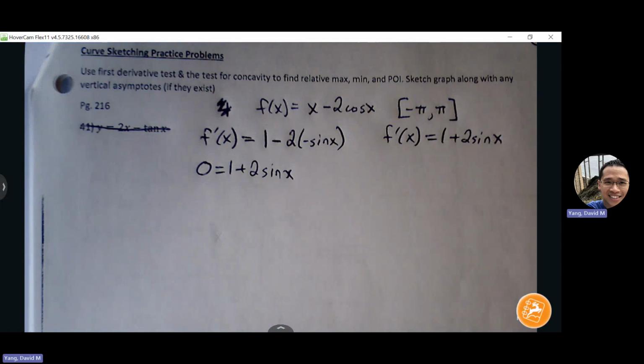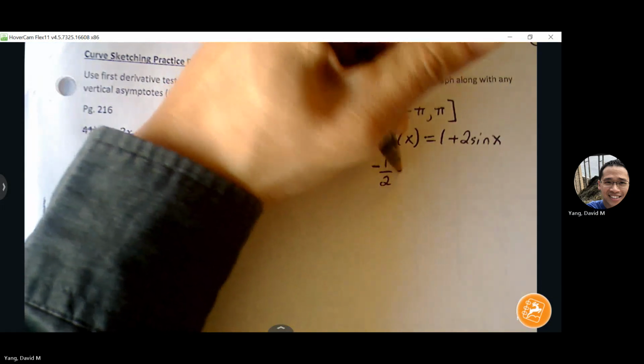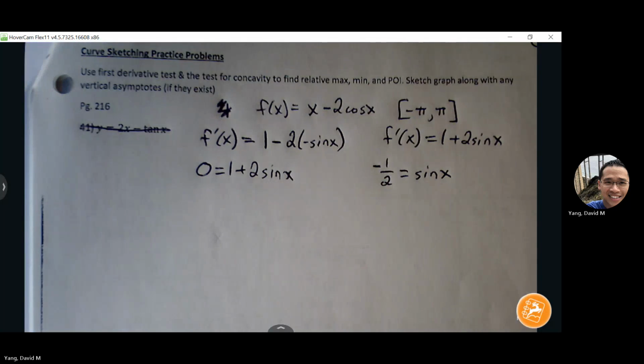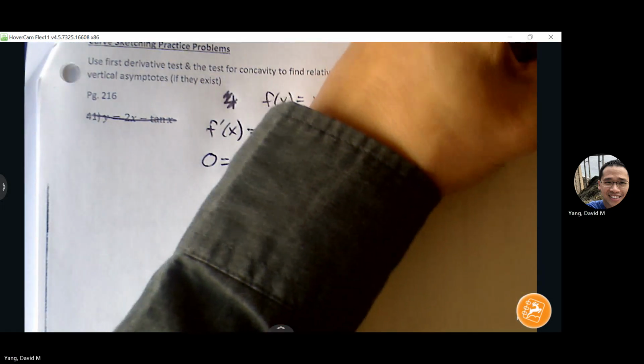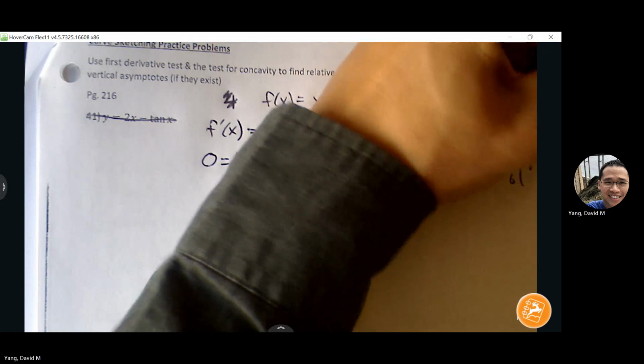Solve for x, or solve for sine x. Subtract 1, divide by 2. All right, where is sine going to be equal to -1/2? Right, which family here, 5 or 6?